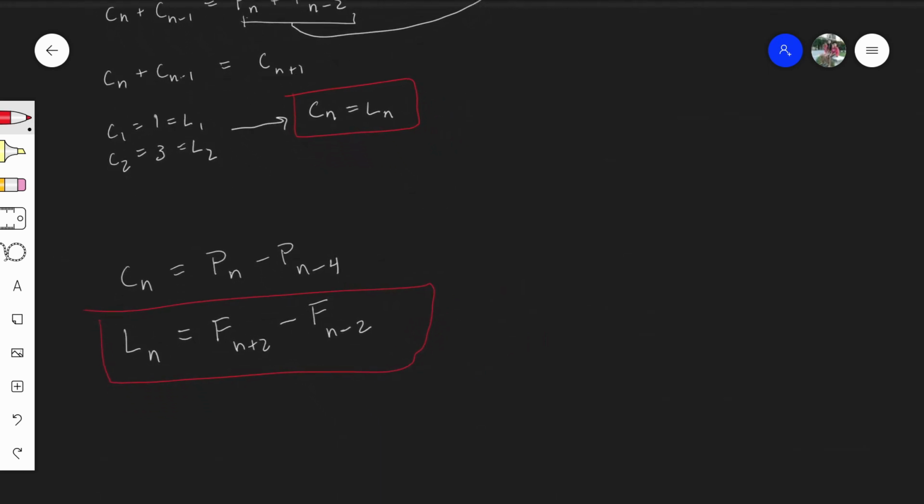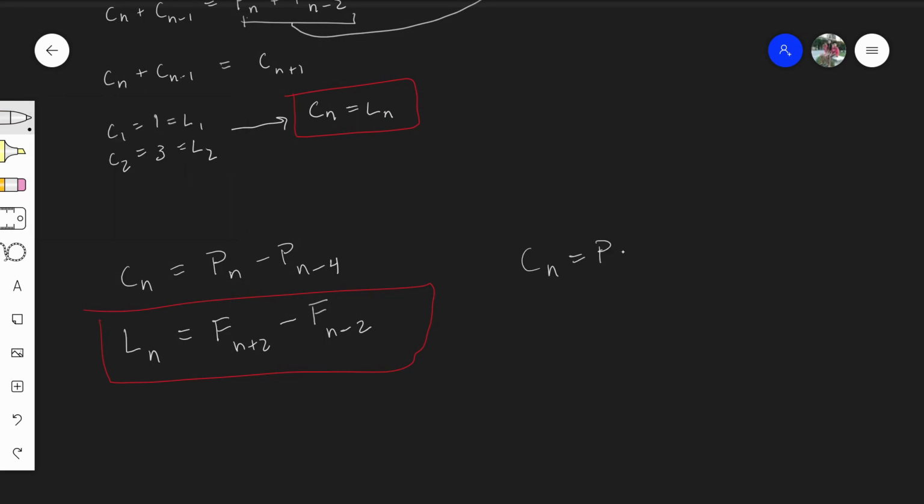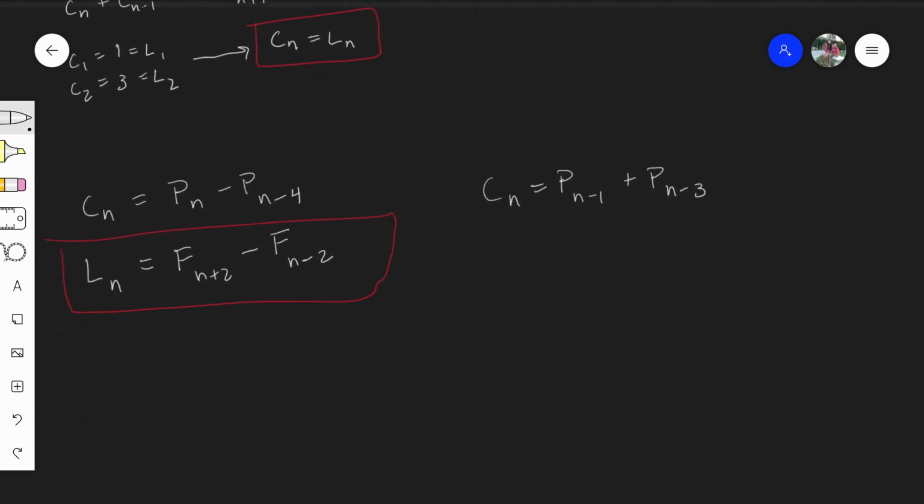If we take equation 2, we proved that Cn is equal to Pn minus 1 plus Pn minus 3. Now convert that into Lucas numbers and Fibonacci numbers, and you have the nth Lucas number is equal to the sum of the (n+1)th Fibonacci number plus the (n-1)th Fibonacci number.